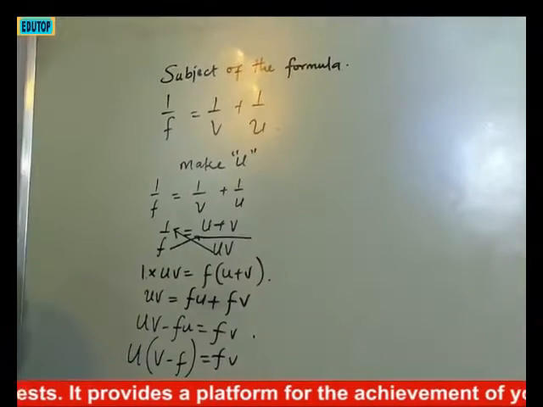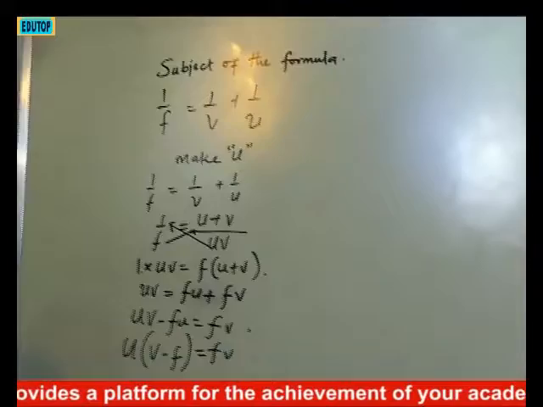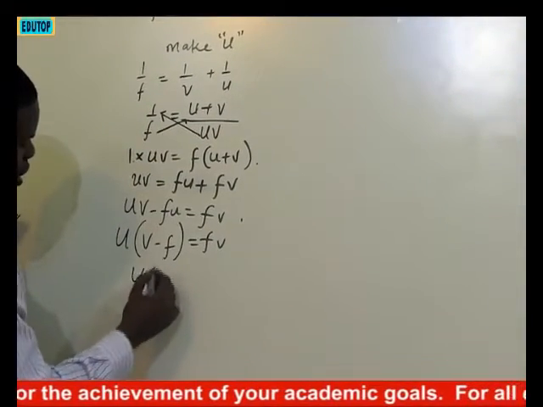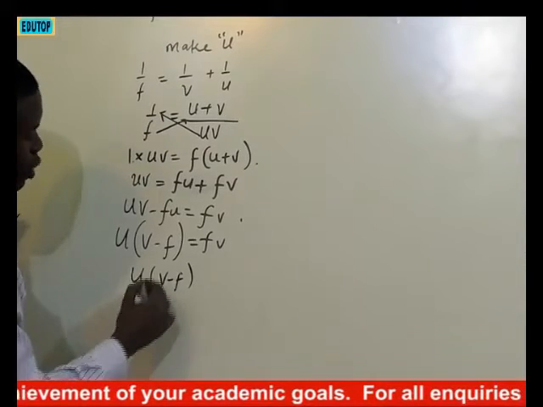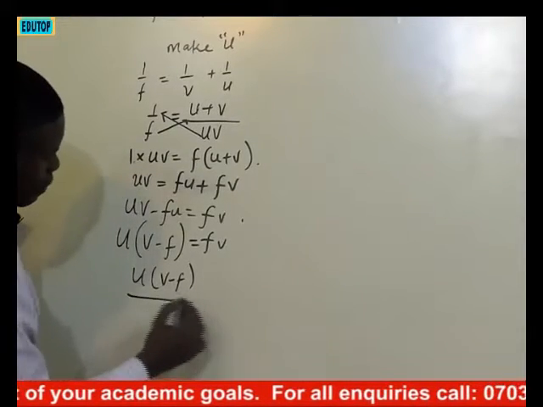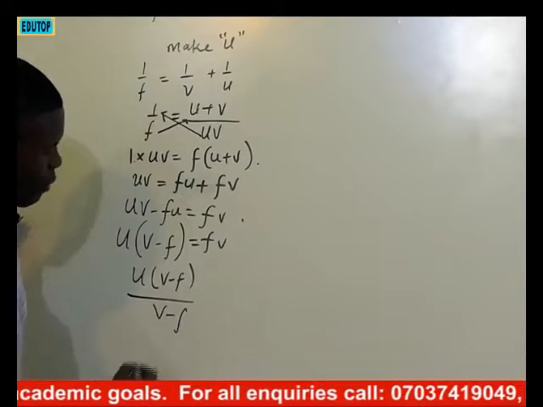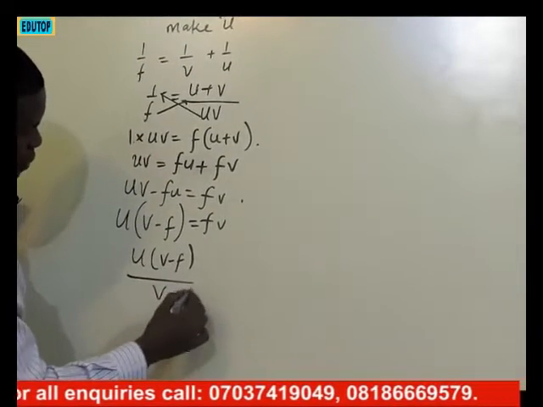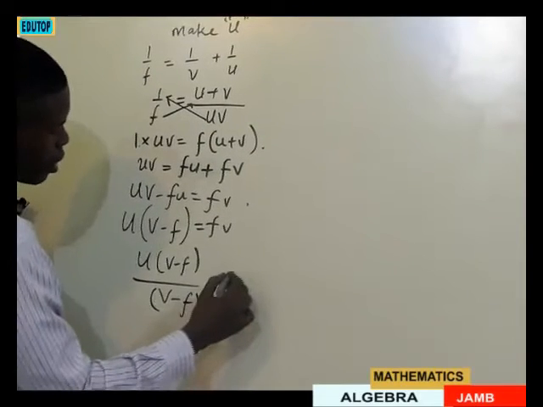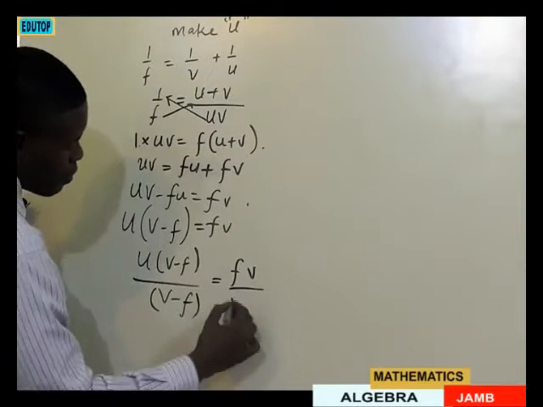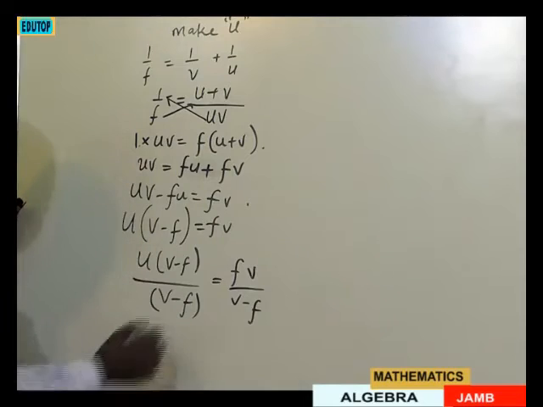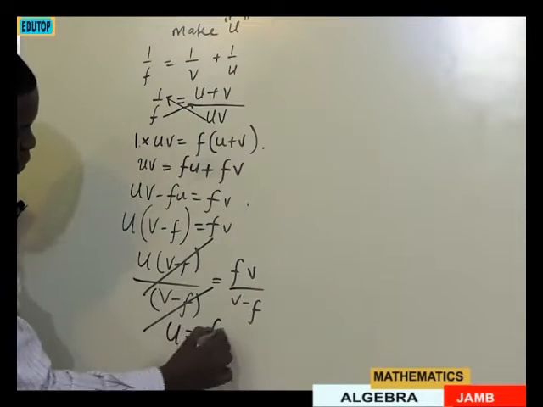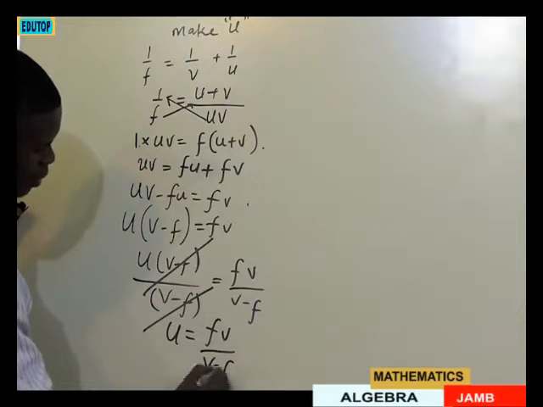Then, since our interest is to look for u, we divide both sides by v minus f, so we have u equals fv over v minus f, as v minus f cancels with v minus f.